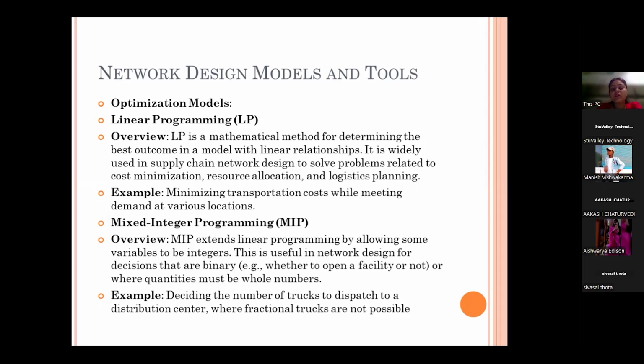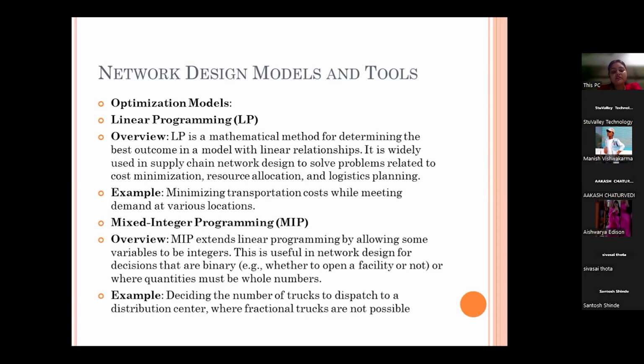So how is it used in supply chain network design, how is it solving the problems? It is related to cost minimization, and we use it for resource allocation and logistics planning. These three things are being solved. So if we have an order of 100 pairs, the demand is 100 pairs of XYZ product.